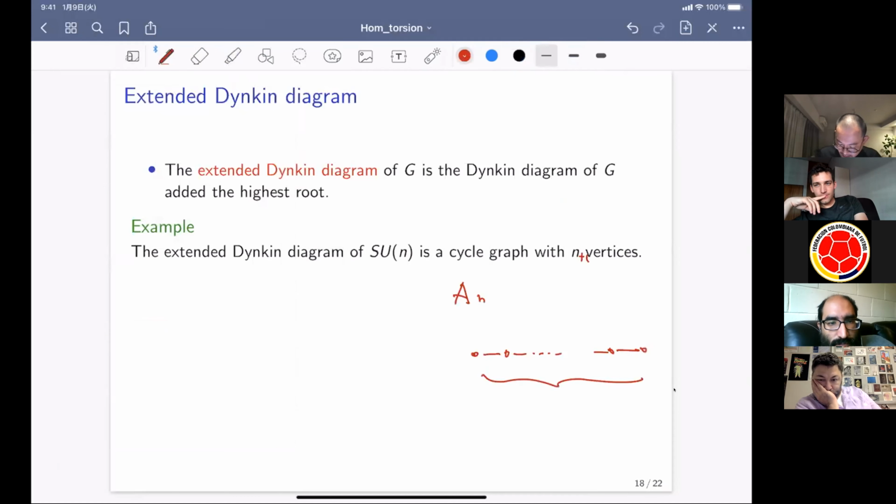Here's n points, and the highest root is added, and then also these edges are added. So it's nothing but the cycle graph with n+1 vertices. So this is very good because it has high symmetry. Actually, this is the reason why we succeeded to compute the homology of Hom(Z^n, SU(N)).